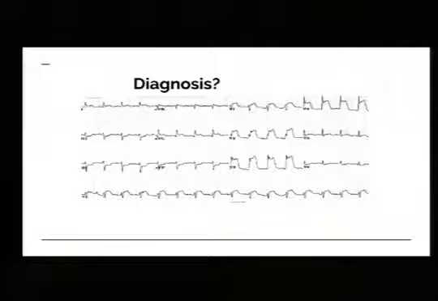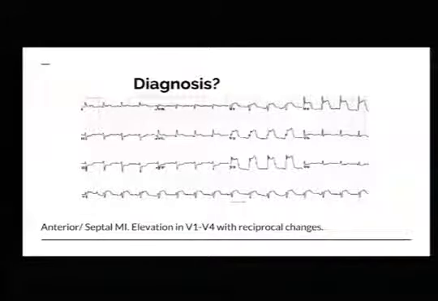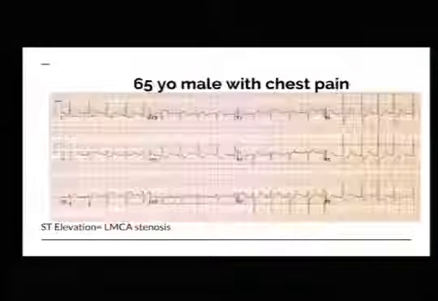And for some reason, this is a V1 tracing on the bottom instead of lead 2. So, anterior septal MI. What are you going to give this patient? Nitro. And what else? And there you go, aspirin. You know, the basics.